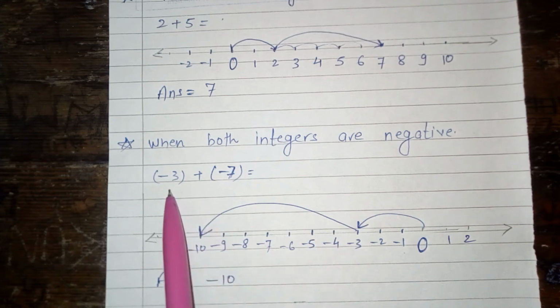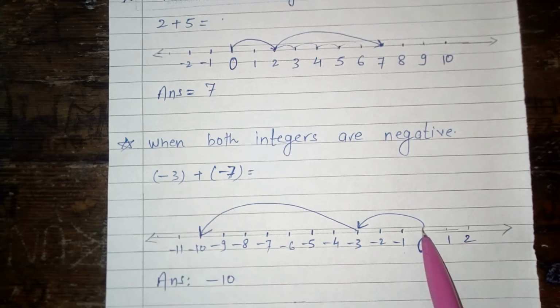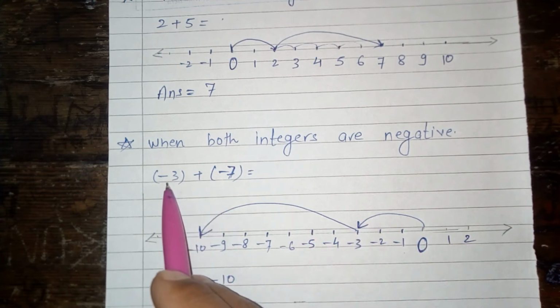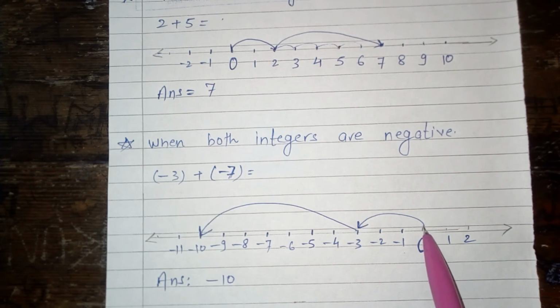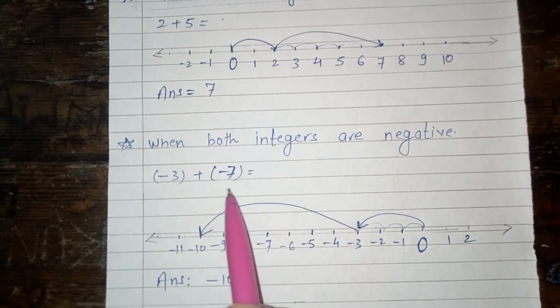Your first integer is minus 3. So from 0 we will count minus 3 steps. Look here, 0, it is minus 1, minus 2 and this is minus 3. So from 0 to this is minus 3. Then after minus 3 we will take 7 steps.